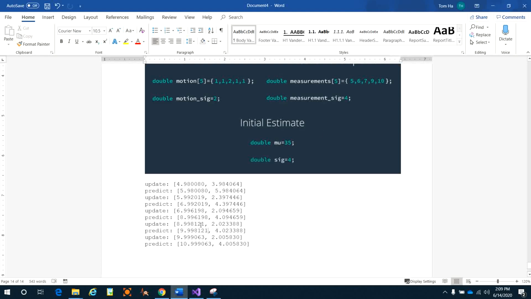They correct and update the measurement to 9.99 and covariance 2. And for the last one, they move 1. So you get this prediction of the next state, the last state right here, 10.9999. Really good prediction, right?